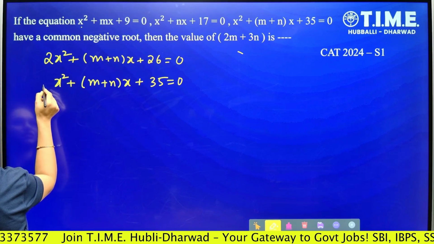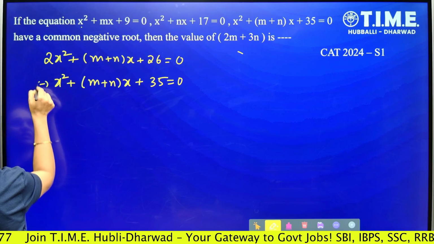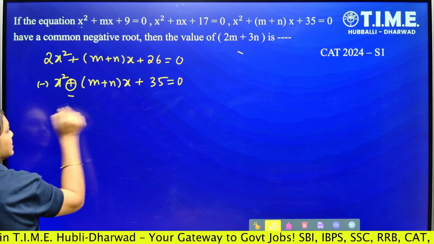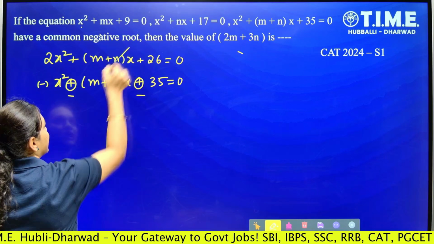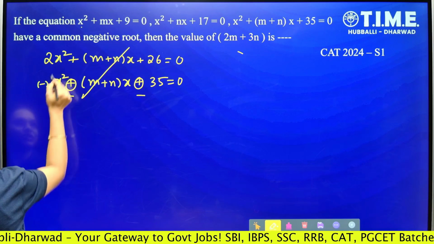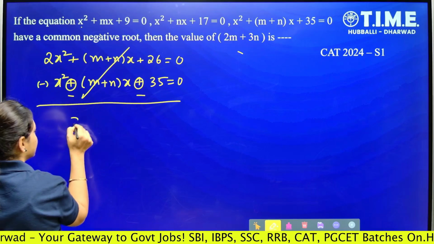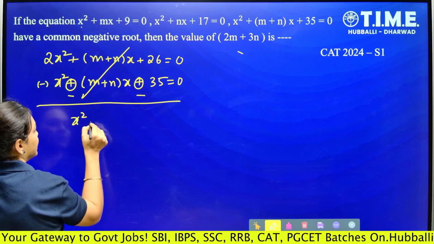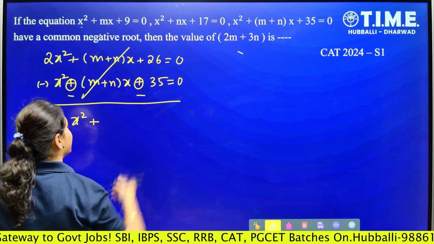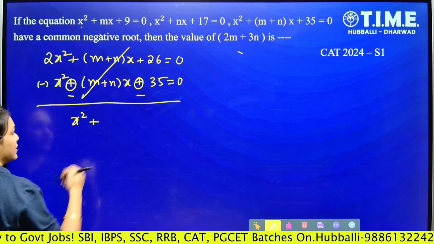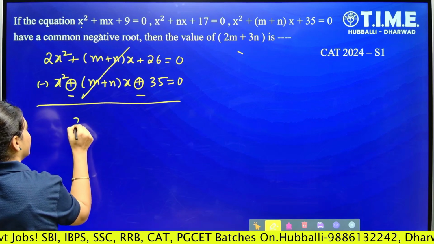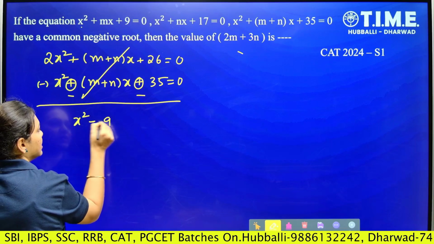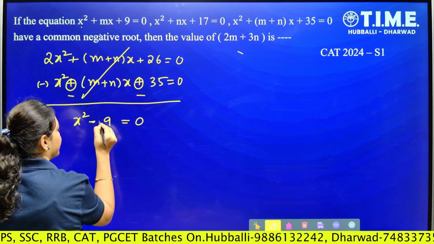Change the signs of this entire equation: the plus becomes minus, and the plus becomes minus. Entirely this term we can cancel. 2x square minus x square gives us x square, plus 26 minus 35. 26 minus 35 gives a minus sign, so x square minus 9 is equal to 0.